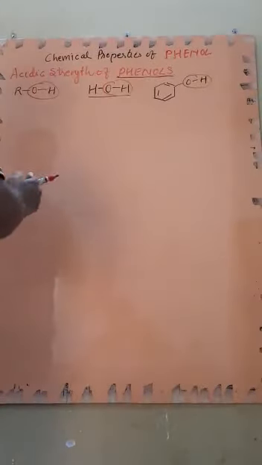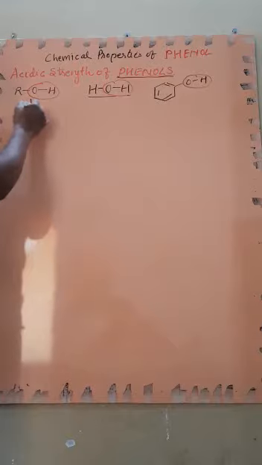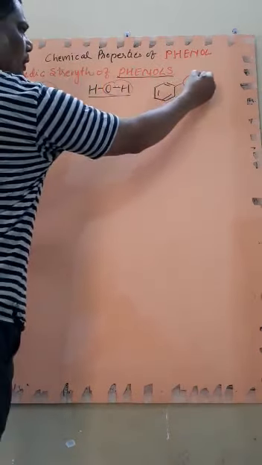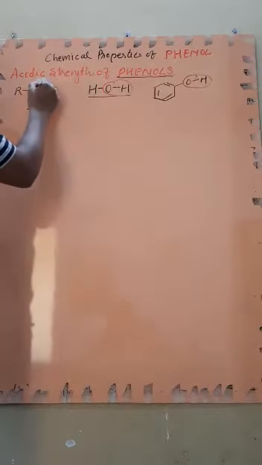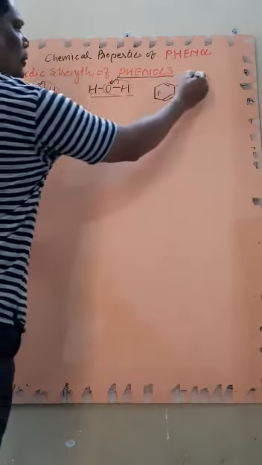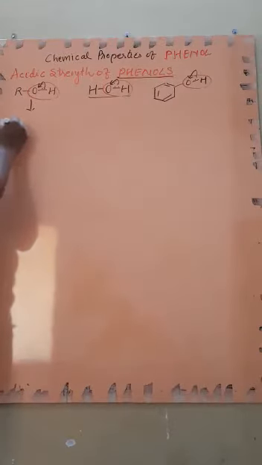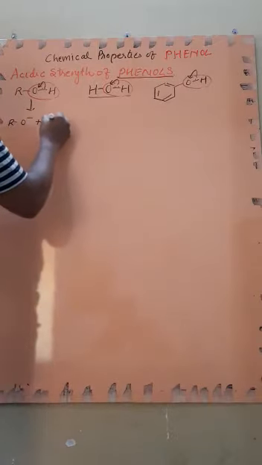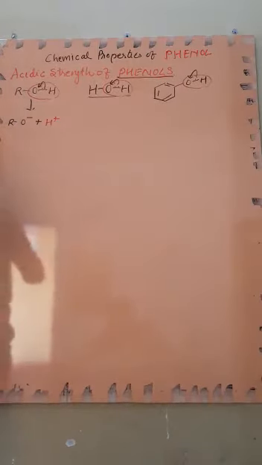In aqueous solution, the OH bond has polarity, that is, the electron pair can be shifted more towards the oxygen atom. Therefore, when it dissociates, it forms RO anion plus H cation. Since it gives H cation, it is acidic.